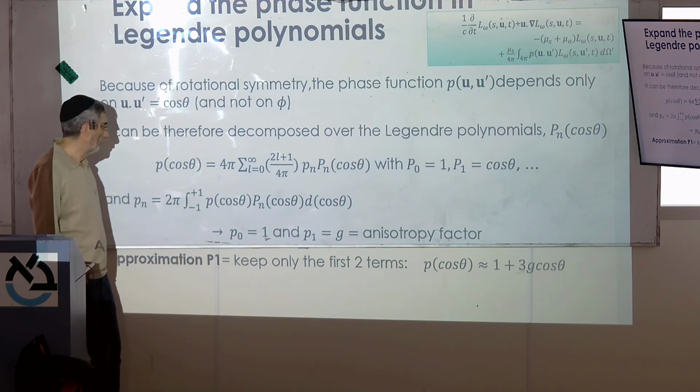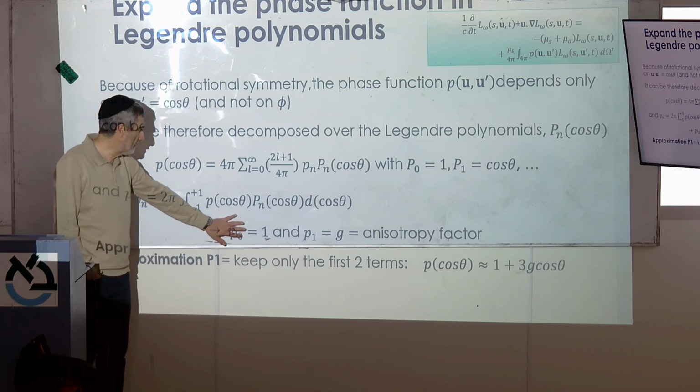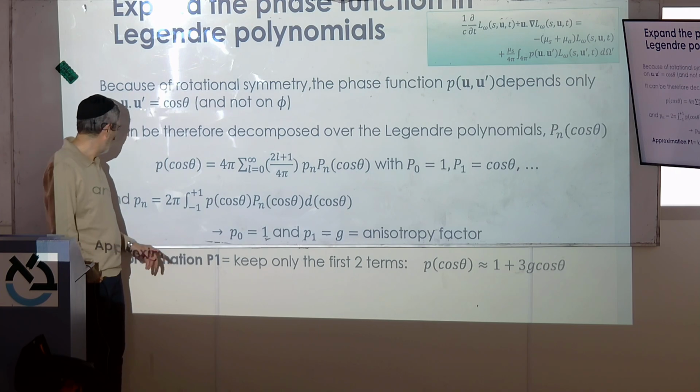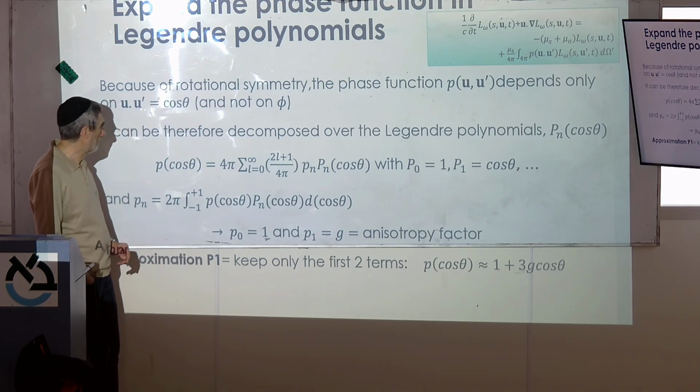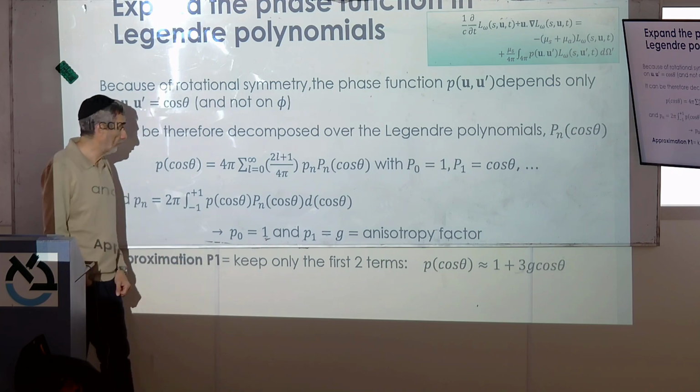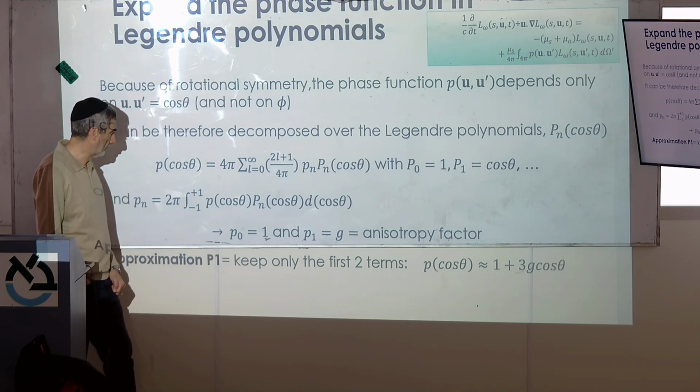So the first term is easy, it's just 1, and the second term is g, the anisotropy factor.